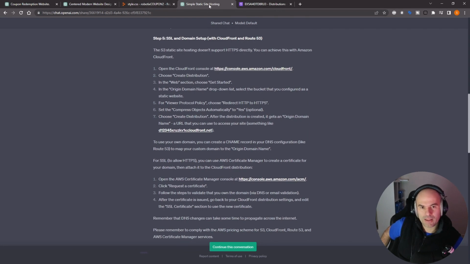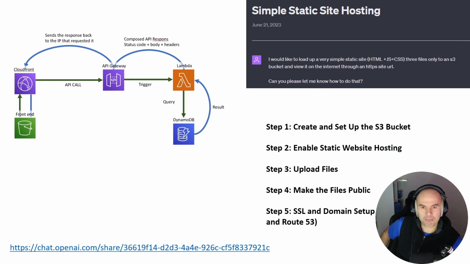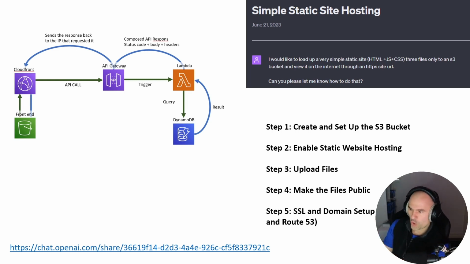And there it is. That is the complete coupon redemption website, a full stack web app that I learned how to do and did in about 6 hours. So for me personally, I think that this experience has certainly been very positive in terms of learning a lot.